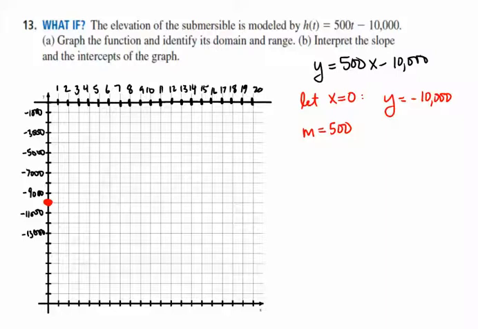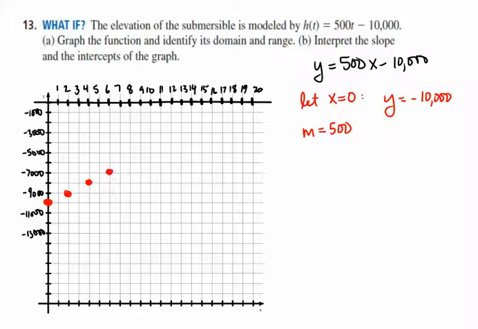And since our graph is already graphed in thousands, it wouldn't be after 1 minute, but after 2 minutes we will reach 1,000 feet. So according to our graph, every 2 minutes of time we will increase 1,000 feet, since we're going 500 feet per minute.